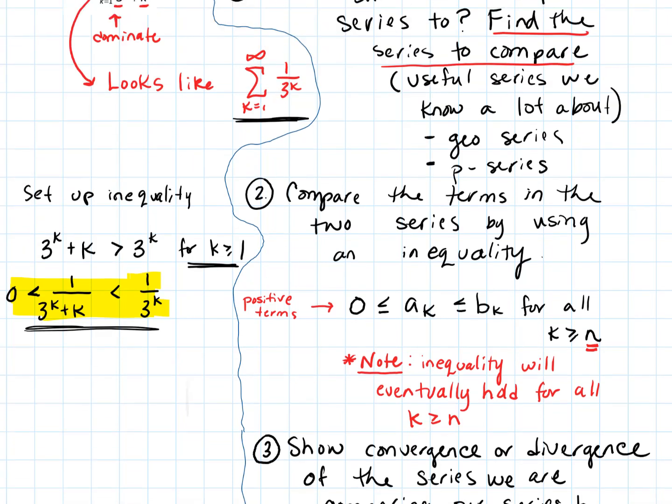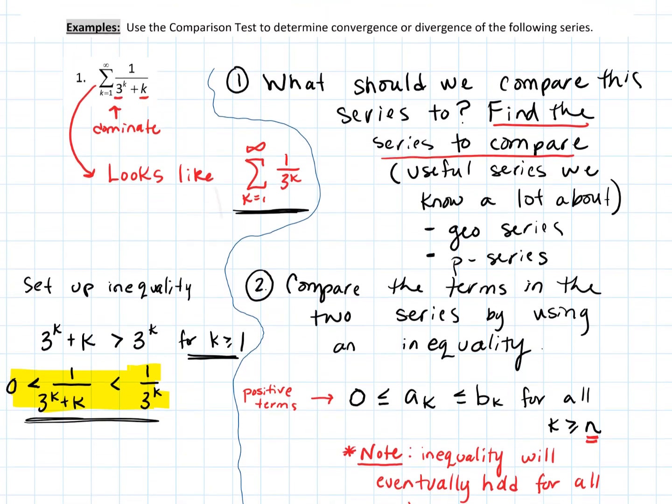series that we're looking at, this one that we wanted to compare to, and when we picked this series, I kind of skipped over that so we could start writing the steps, but when we picked this series, this 1 over 3 to the k, we wanted to also think about, would that be converging or diverging? Like 1 over 3 to the k, what kind of series is it? We talked over here about useful series, geometric series, p-series, but are we going to be having convergence or divergence?